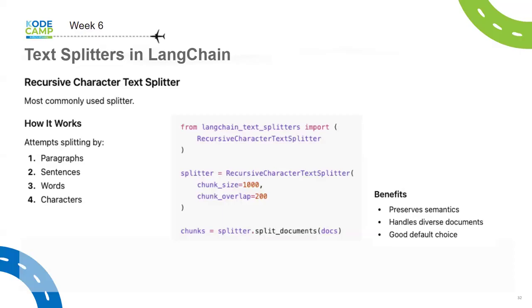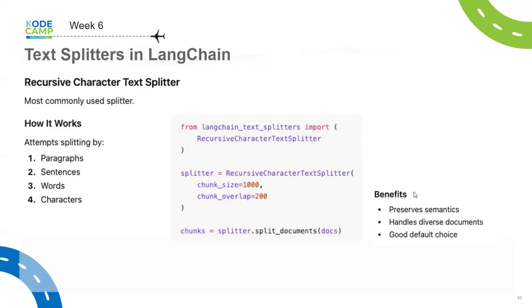But if the paragraph is too big to fit into the chunk size, then it will go to the next smaller logical structure or semantic structure, which is the sentence. So the benefit of that is it keeps going until it gets to the largest semantic structure that can fit into the chunk size that is specified, right? It also allows for chunk overlap.